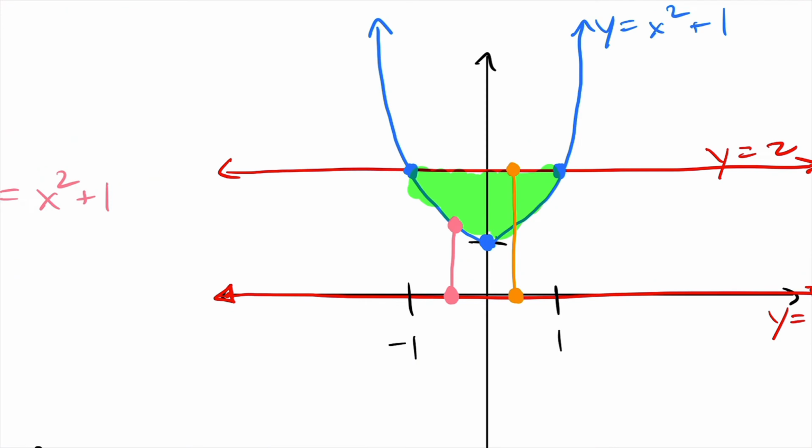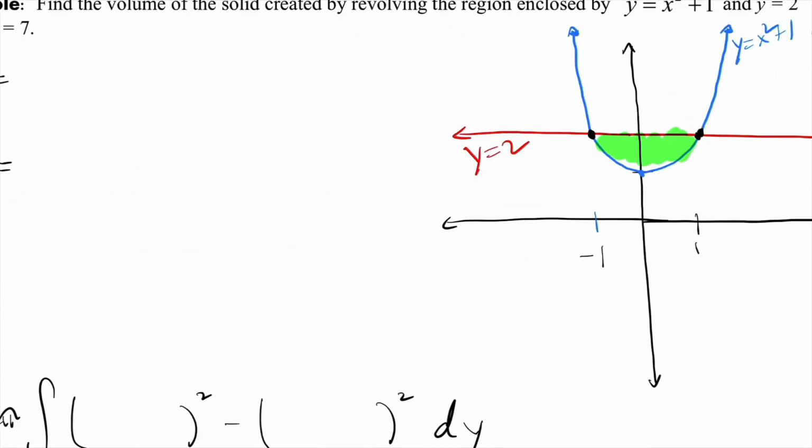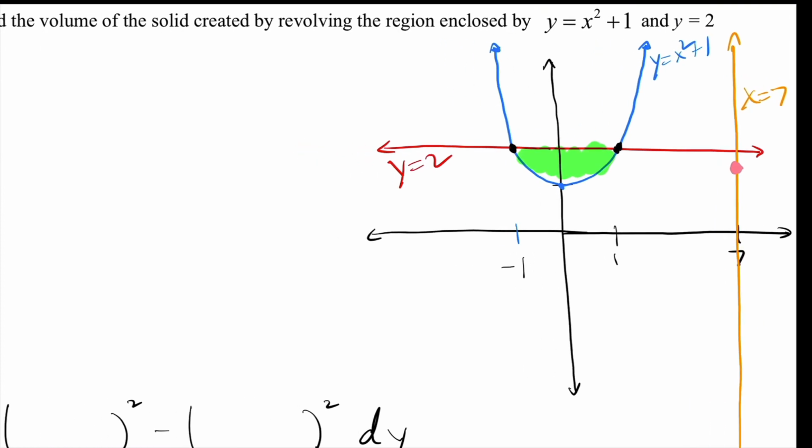Now it's not going to be up and down because the axis of revolution is to the right, and we go to the left. So big R is from here till it hits the outside function.